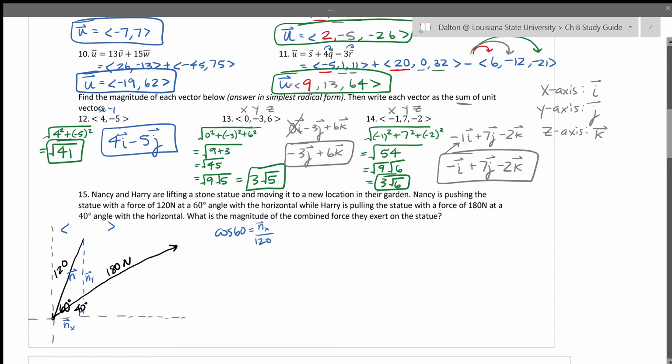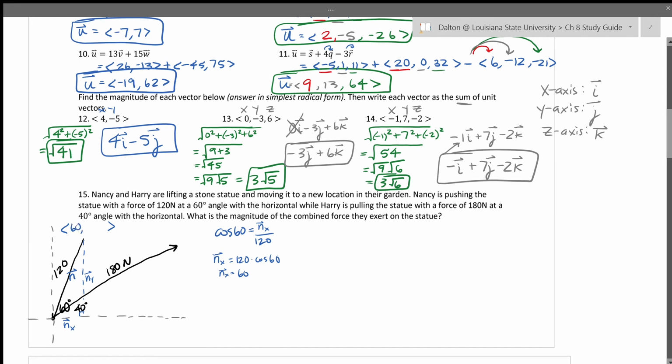If I multiply both sides by 120, then I get that vector for Nancy n sub x is equal to 120 times the cosine of 60. Actually, it's not approximately, it is 60, because cosine of 60 is 1/2, so 1/2 times 120 is 60. So that's her x component.